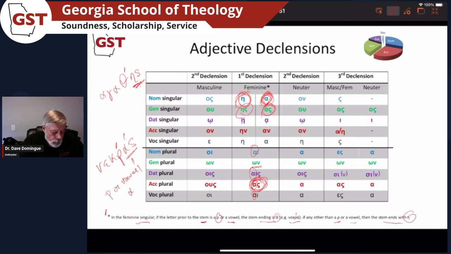Number four, sometimes the article functions with the participle. We haven't got to participles yet. Participles can function just like adjectives can, and they often function to modify the verb and function verbally. But when an article is associated with it, it can make it function like a noun, even when there are words in between.